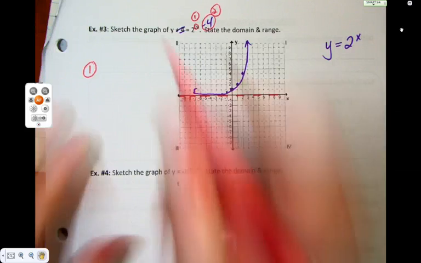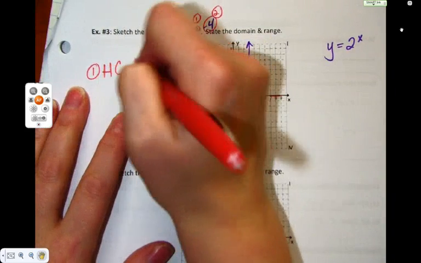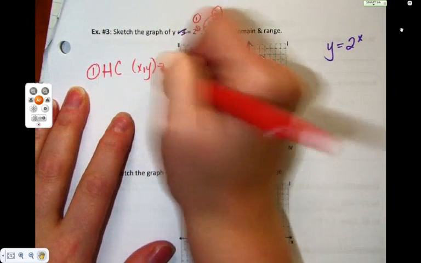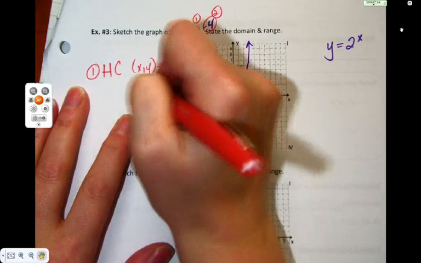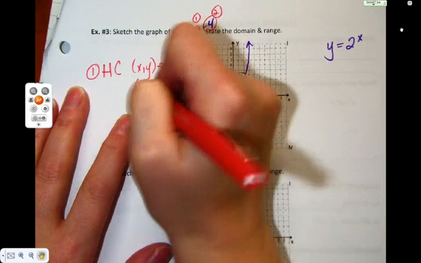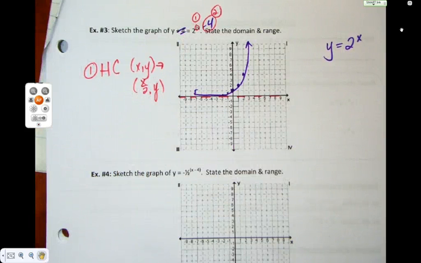So the 2 in the exponent, we know that's horizontal because it's in the exponent. It's a whole number, so it is a compression, and it says (x, y) goes to (x over 2, y). So we haven't changed anything from Unit 3. Mapping is still the same.